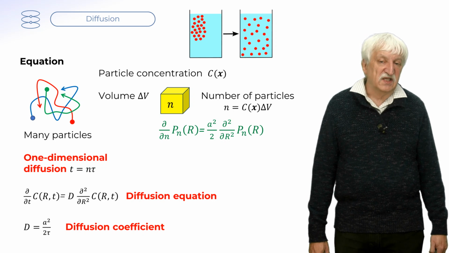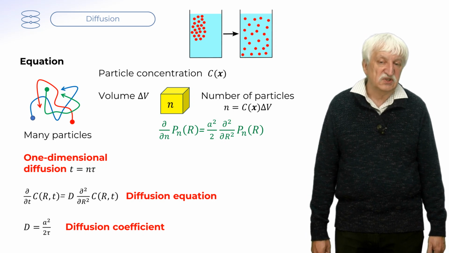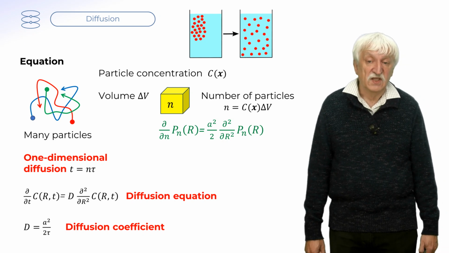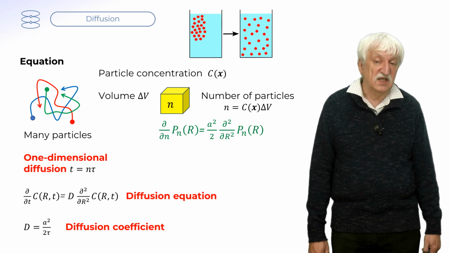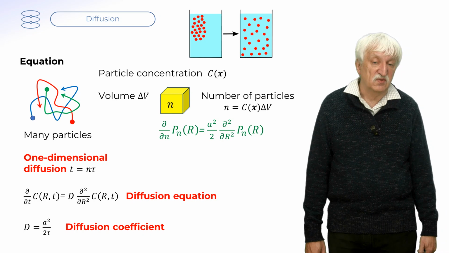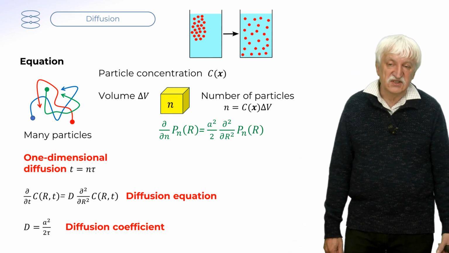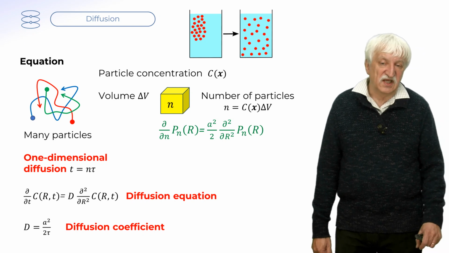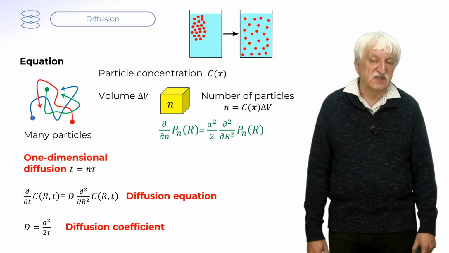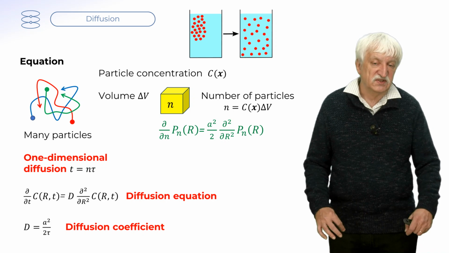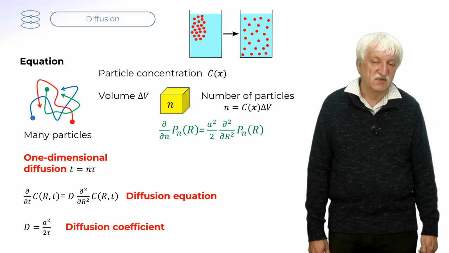As a result, we get a diffusion equation for this concentration C. And the value D, which is a squared over 2 tau, where a is the mean square distance for one step divided by the time of this step, is called the diffusion coefficient.